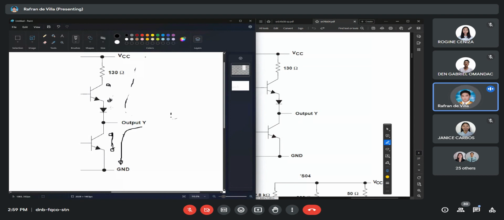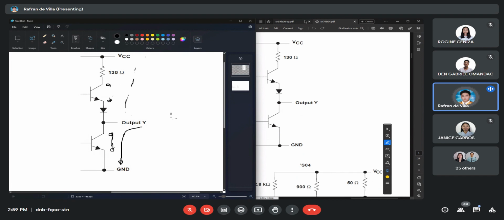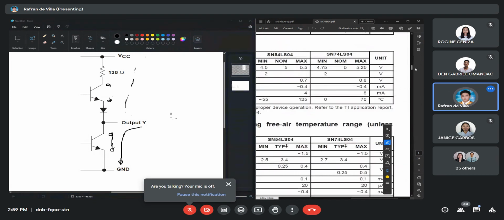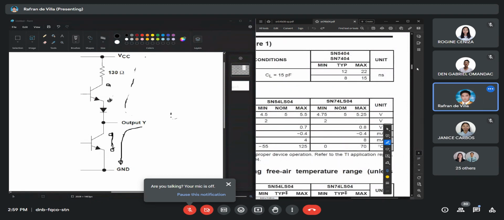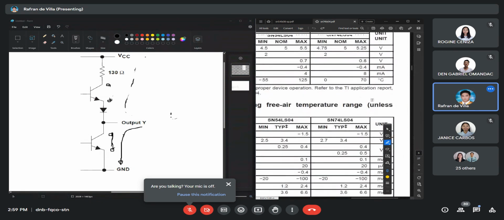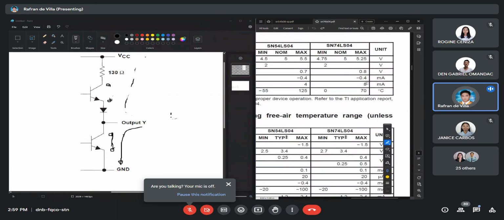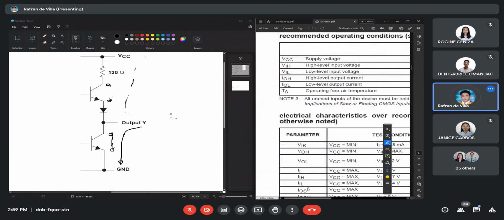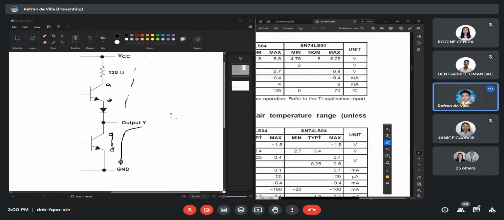So aside from the high voltage drop, there is also a decrease in current because of the 130 ohms resistance. That 130 ohms is actually one of the causes why our output current here is smaller compared to the current output high. Okay? Got it?